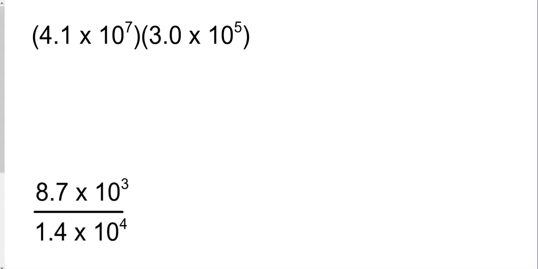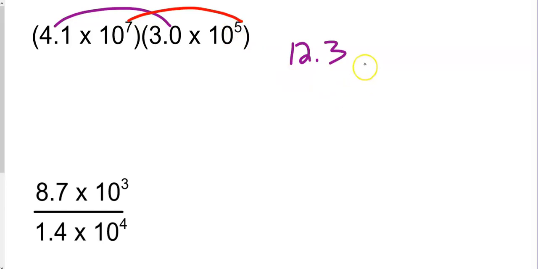Okay. So, taking on the multiplying one, nice and quick. You're going to take 4.1 times 3.0, and that will end up giving you 12.3. We're going to take our exponents here, and we're going to add them. So we got 12.3 times 10 to the, oh gosh, I'm losing my mind, 12.